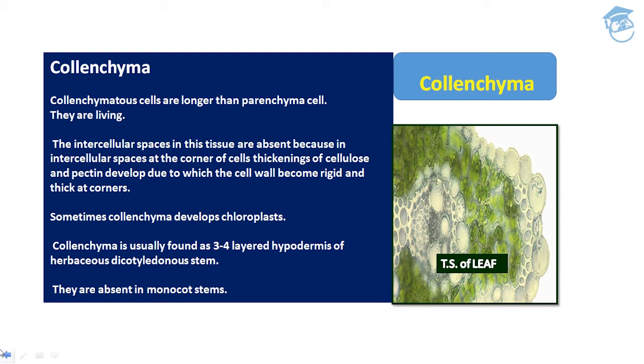The cells are longer than parenchyma cells. That's the difference. They are living in nature just like parenchyma, and intercellular spaces are absent in this tissue because at the corners of the cell, thickening of cellulose and pectin develops, due to which the cell wall becomes very rigid and very thick at the corners.